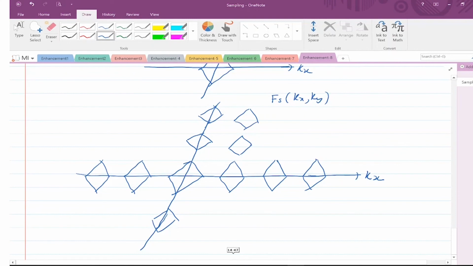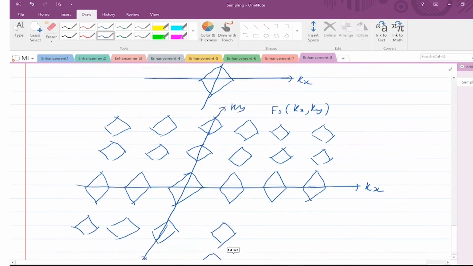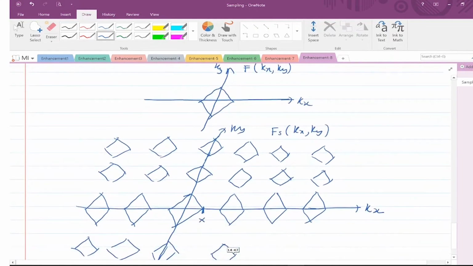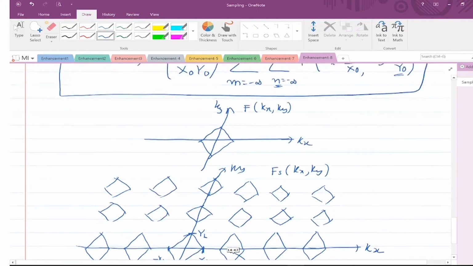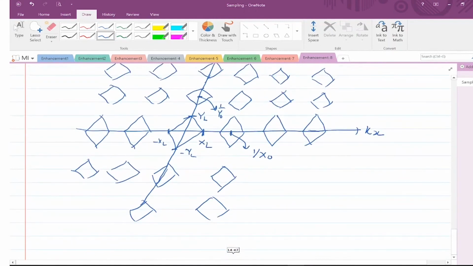Bear with my wonderful drawing skills. This is your ky, and let's say you have here x limit xl and here yl. This is minus xl and this is minus yl. This copy here got placed at 1 by x naught, and this copy is placed at 1 by y naught, and then there is a periodic nature to that.